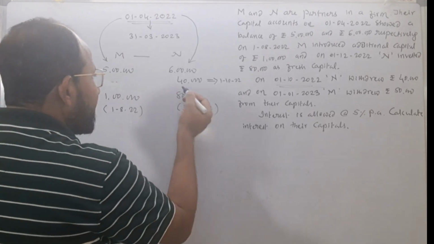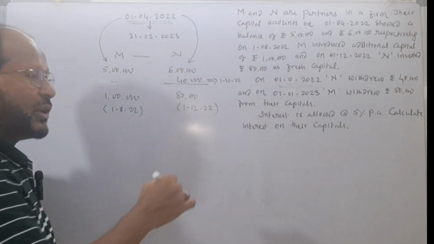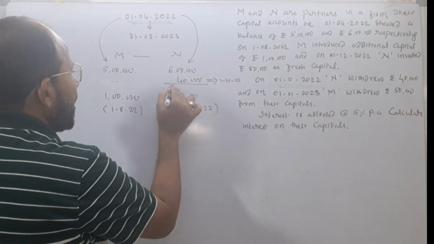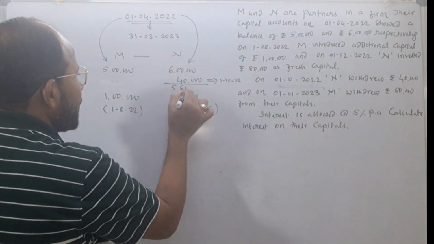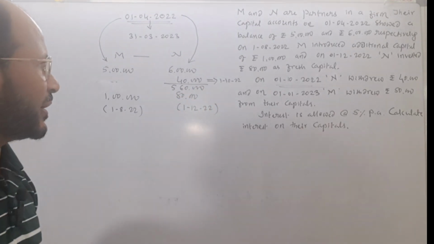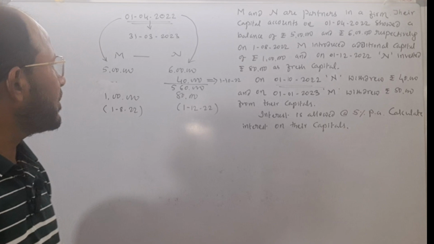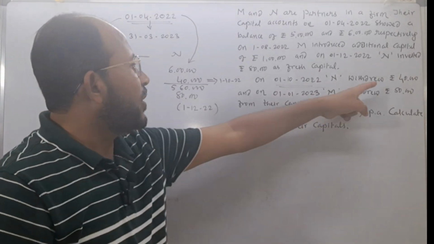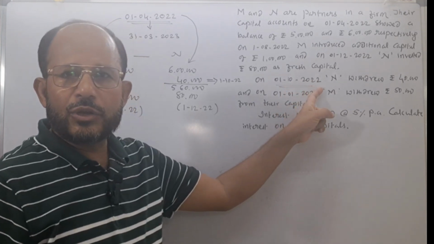That is why at the time of his introduction of new capital or fresh capital, the capital account was showing the balance of rupees how much? Rupees 5,60,000. Try to understand here. Here what has Mr. N done? N has withdrawn rupees 40,000 on 1st October 2022.